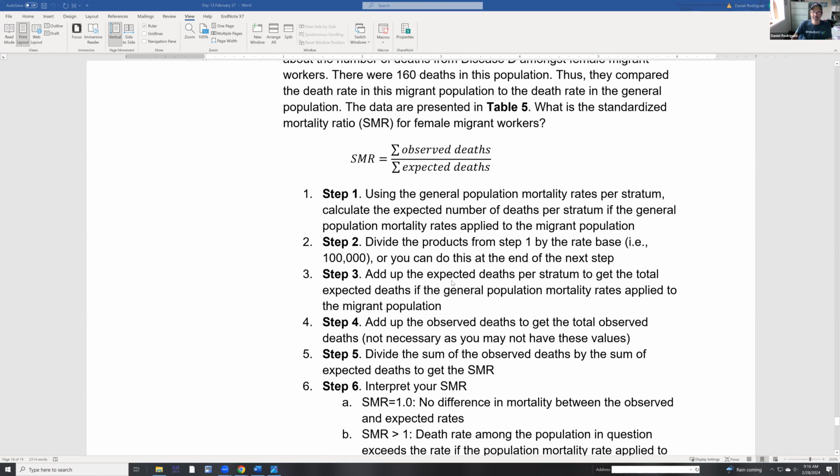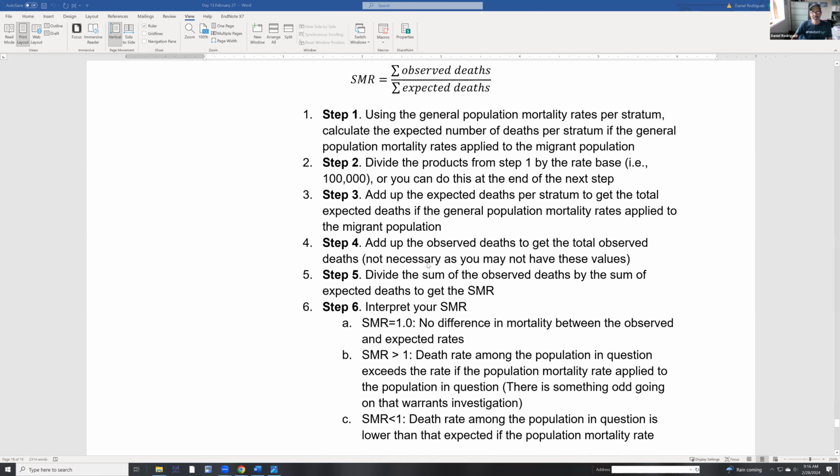Step 3, add the expected deaths per stratum to get the total expected deaths if the general population mortality rates apply to the migrant population. And step 4, add up the observed deaths to get the total observed deaths. Not necessary, like I said, sometimes you could have them stratified, but you really don't need that.